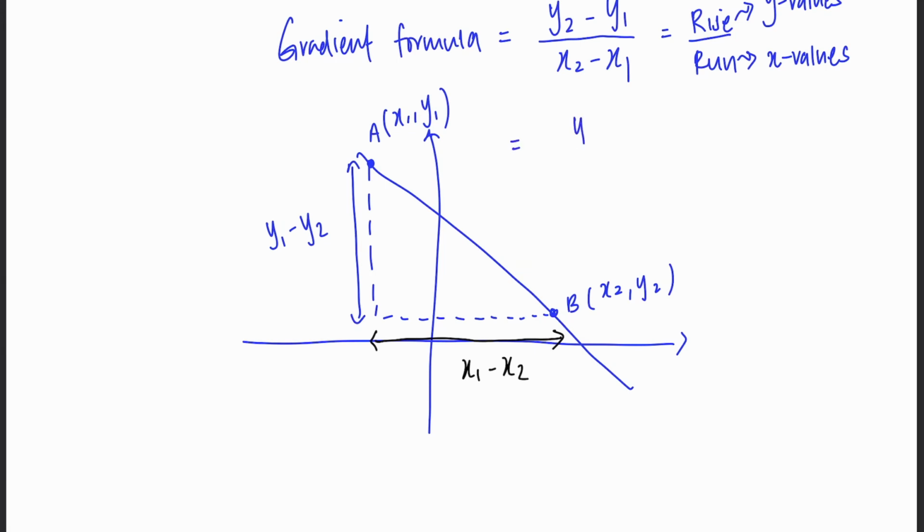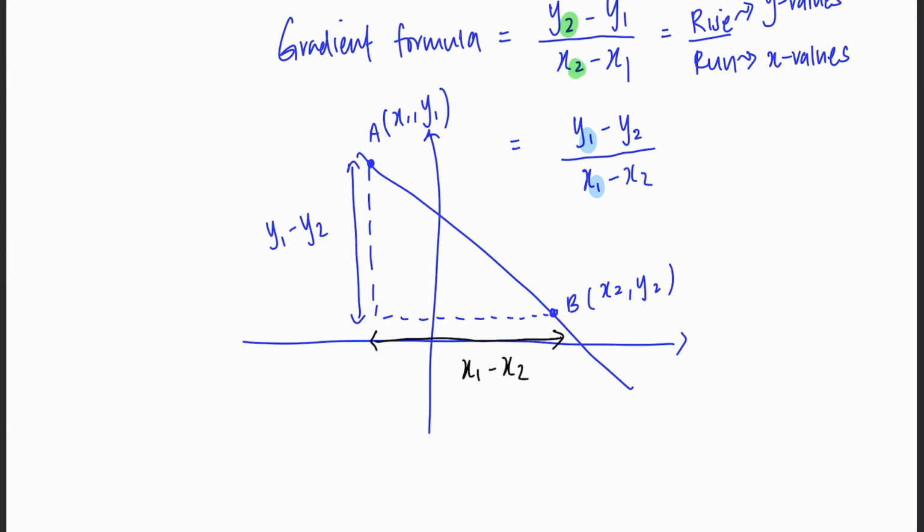So take note that you can do (y1 minus y2) over (x1 minus x2), because eventually the signs will cancel each other. But when you're using this formula, if the top is y1 first, then the bottom must be x1 first. Likewise, if the top is y2 first, then you have to take x2 first.